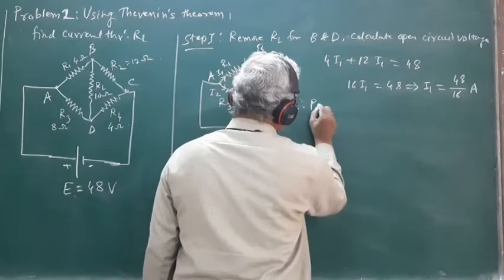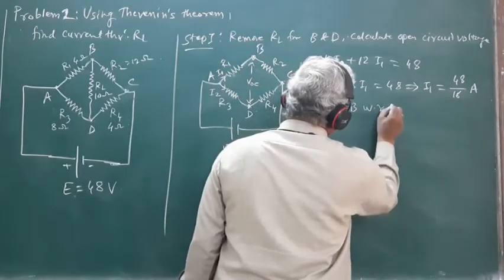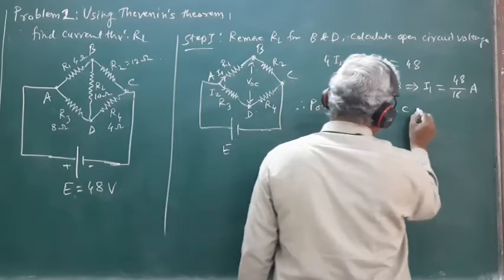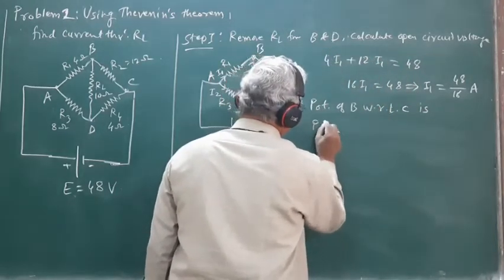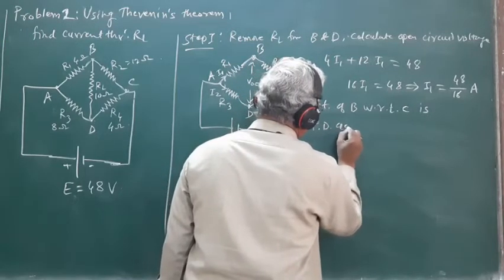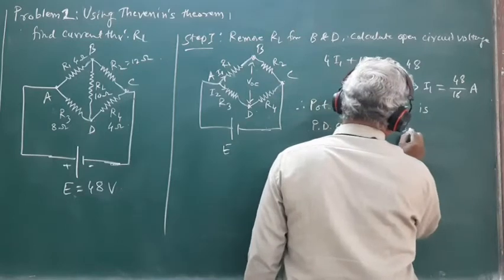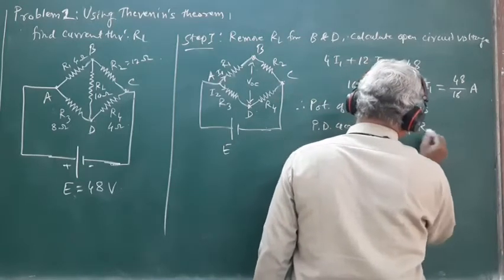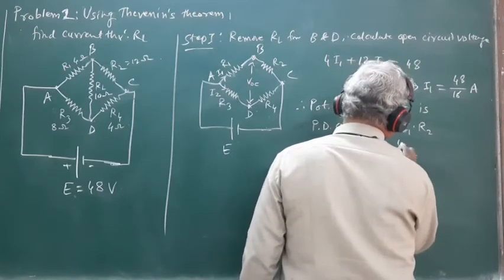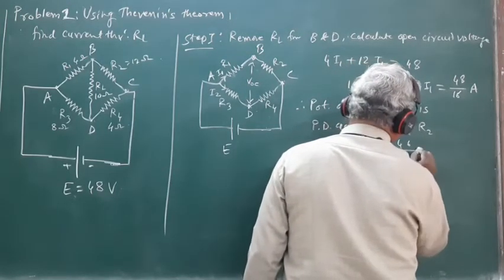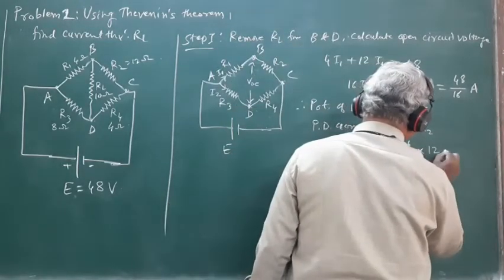Therefore, potential of B with respect to C is PD across R2, and this is equal to I1 into R2, and I1 is 48 by 16 multiplied by R2 is 12.